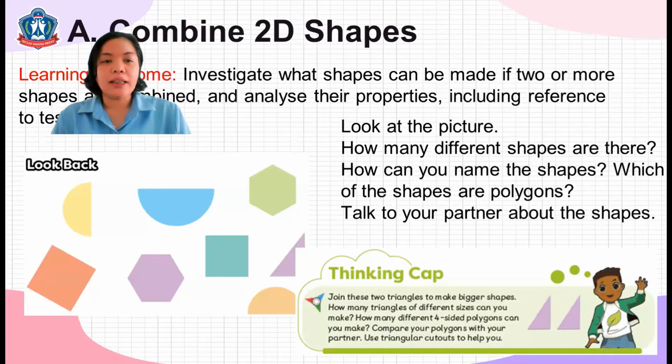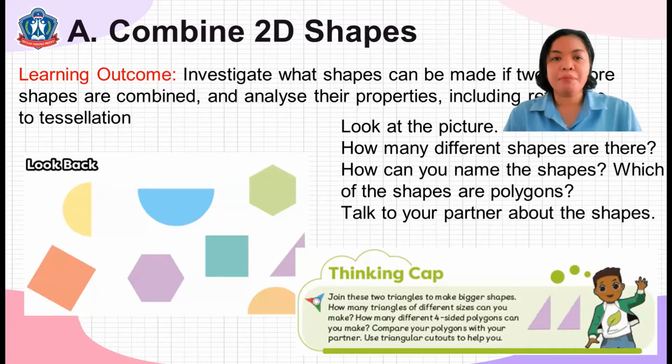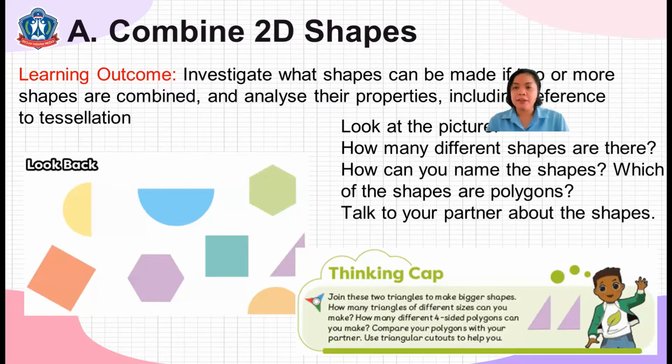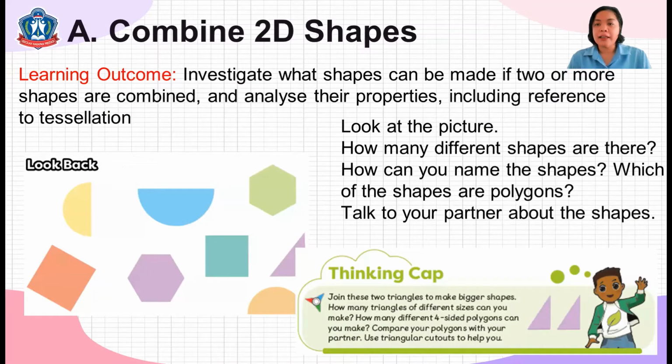Let's start with lesson 1, combine 2D shapes. The learning outcome for this video is to investigate what shapes can be made if two or more shapes are combined and analyze their properties, including reference to tessellation. Look at the different shapes here. How many different shapes are there?